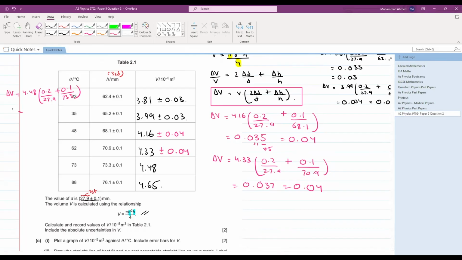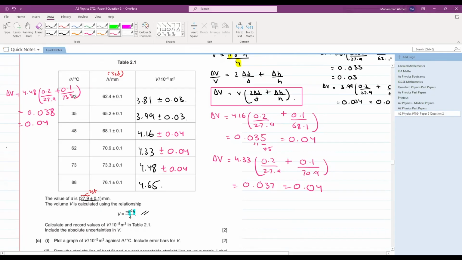Perfect. Divided by, change the value here. This will be 73.3. This comes out to be what? 0.038, which is again equal to 0.04. Simple. Let's do it for the last one.